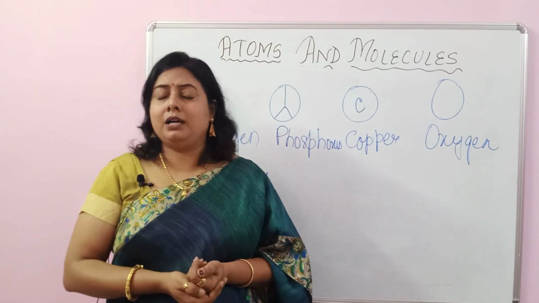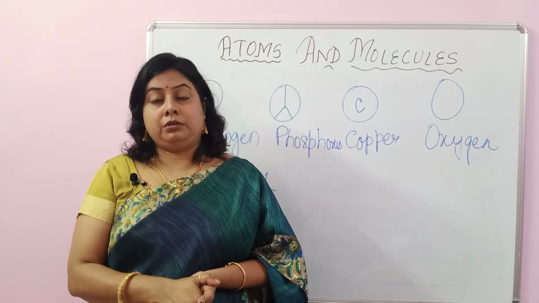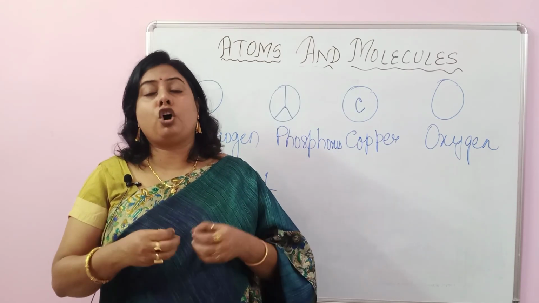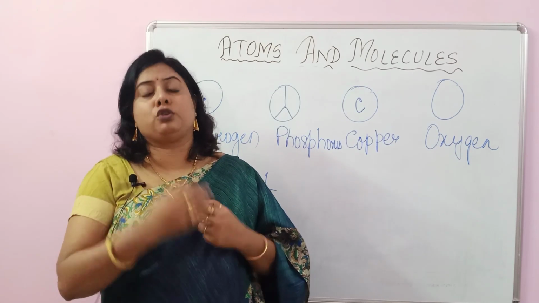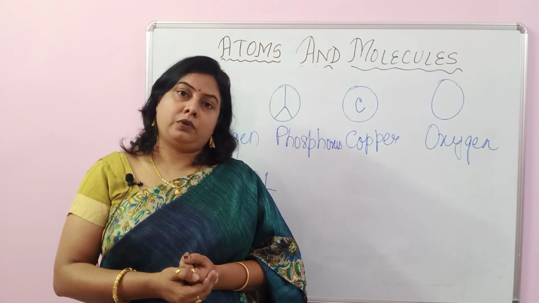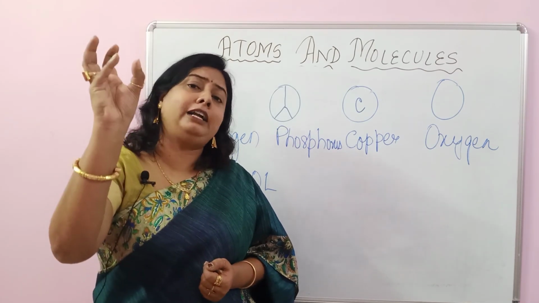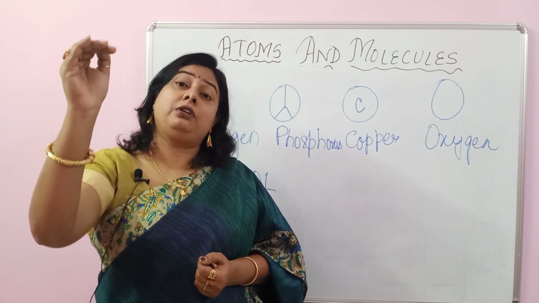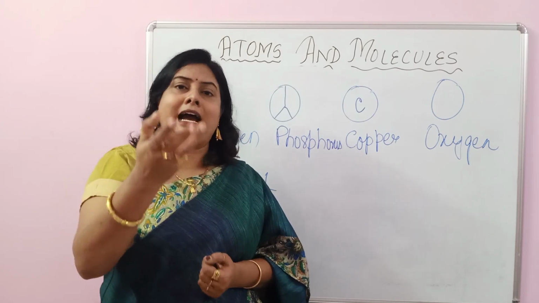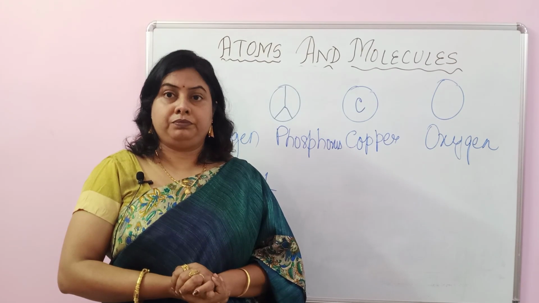Relative atomic mass is the atomic mass of an element as compared with the mass of carbon-12 isotope taken as 12. So the mass of the carbon-12 isotope is fixed at 12, and with respect to that mass, we see how much heavier or lighter an atom is.